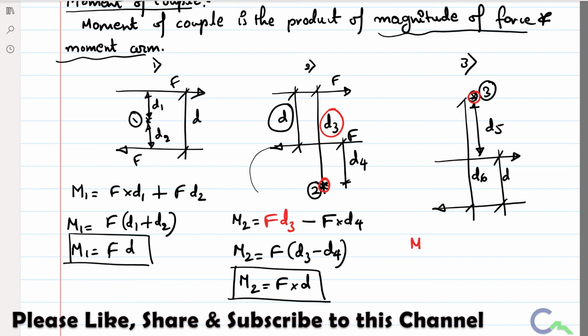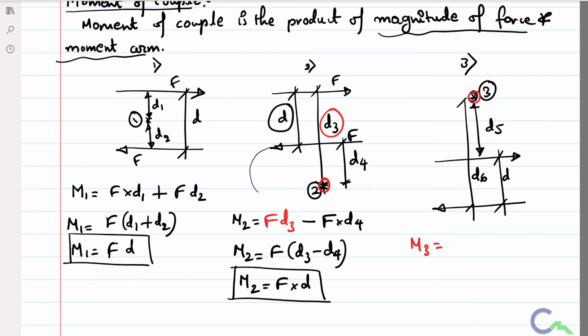So M3 is equal to, the first force I am going to consider is this force. If I apply this, it is going to rotate in the anti-clockwise direction. Therefore minus F into d5. I will consider one more force, that is this one. If I apply this force, it is going to rotate in the clockwise direction. Therefore plus F into d6.